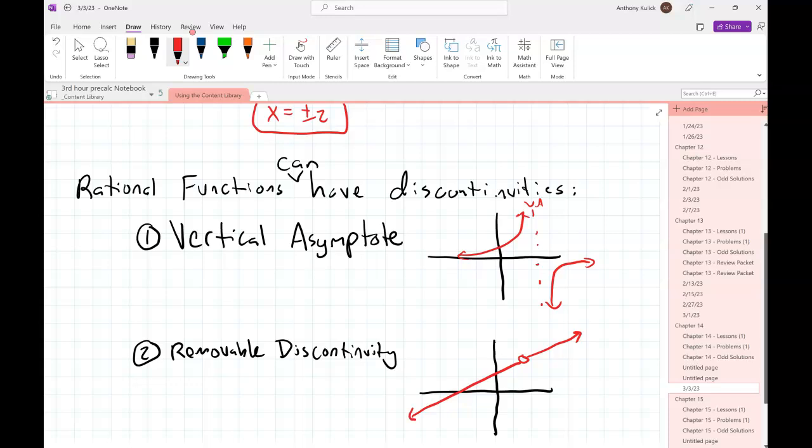Where the graph is going along doing its thing, there's a little gap in there, and then it continues along doing its thing, right? And the way we put the little gap in there is we just draw an open circle at the point that's missing. So that guy there is your removable discontinuity. Everybody's cool with that?